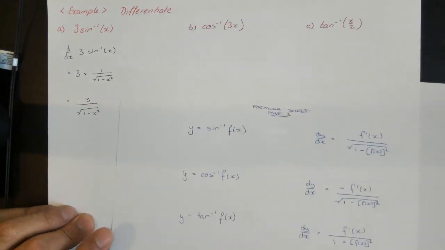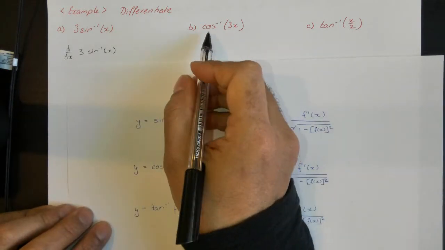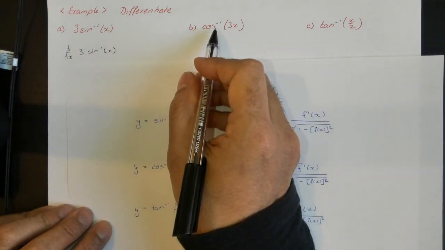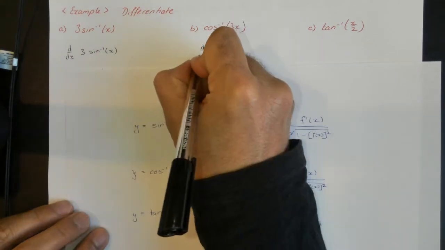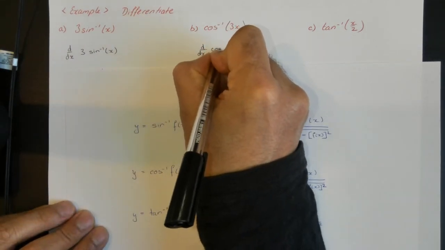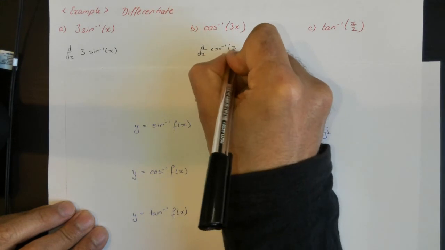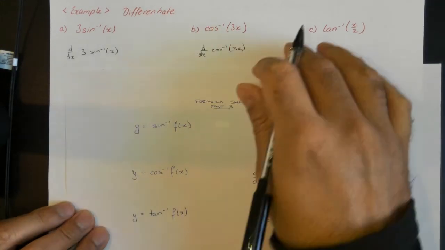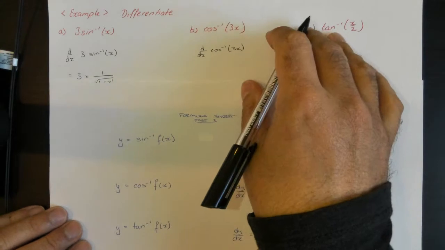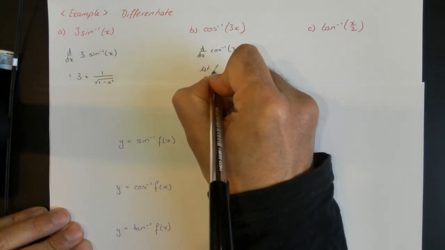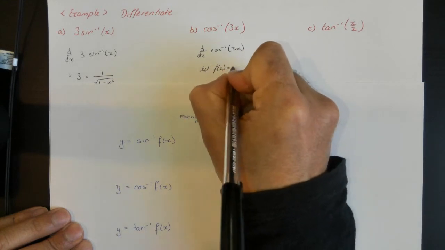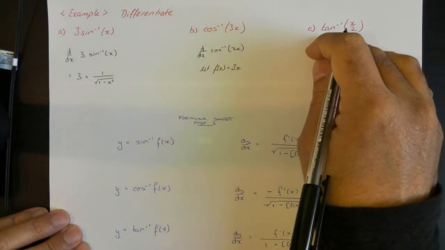Now, if we want to differentiate inverse cos 3x, I grab what's on the inside. I'm going to let f of x equal 3x.